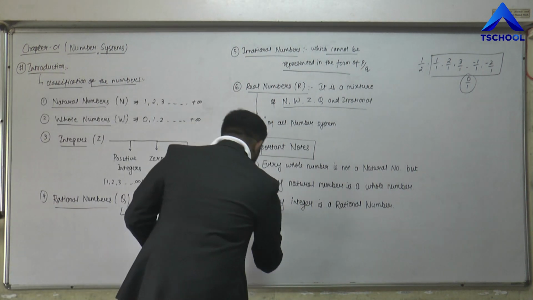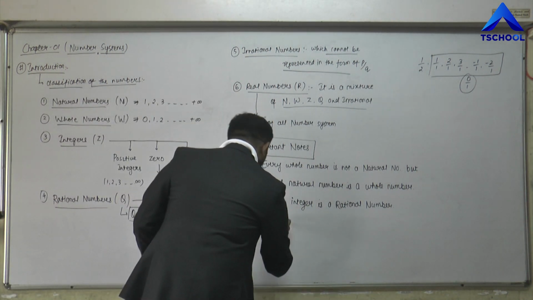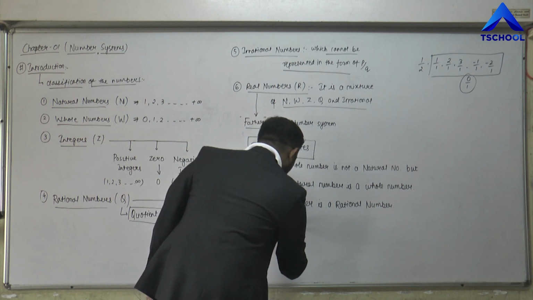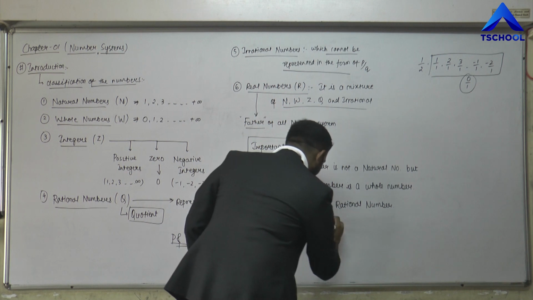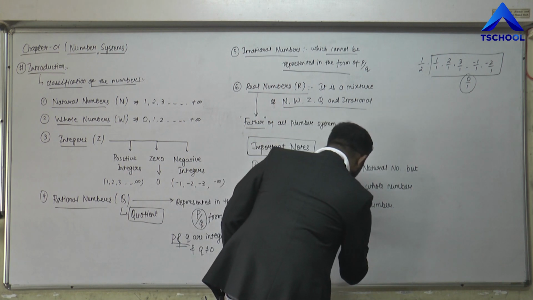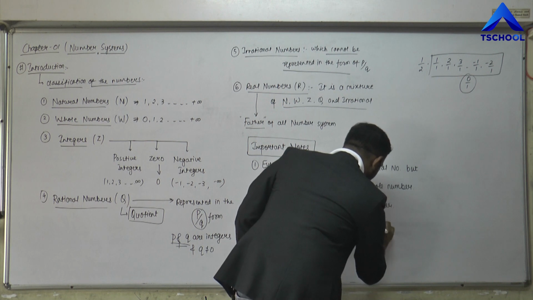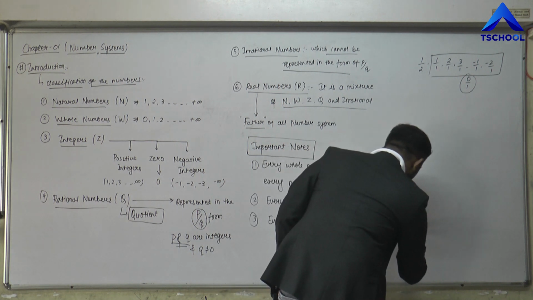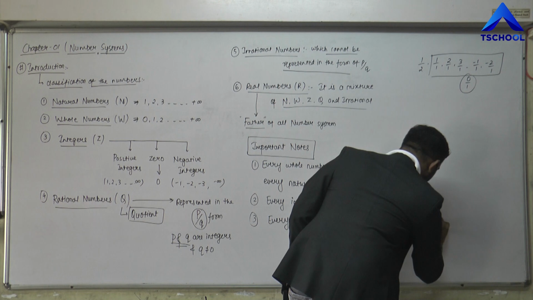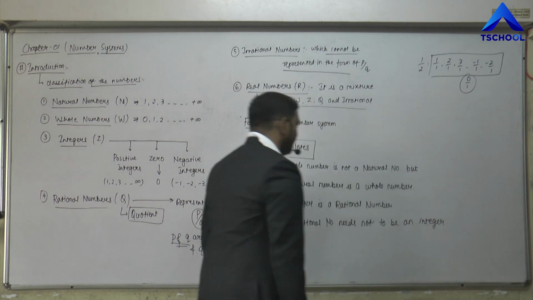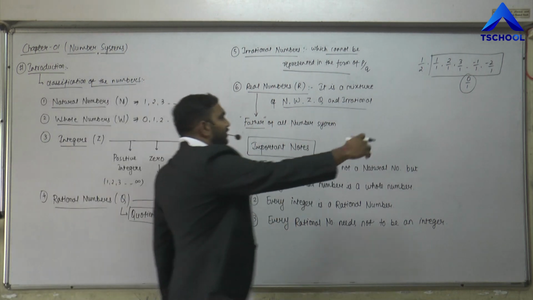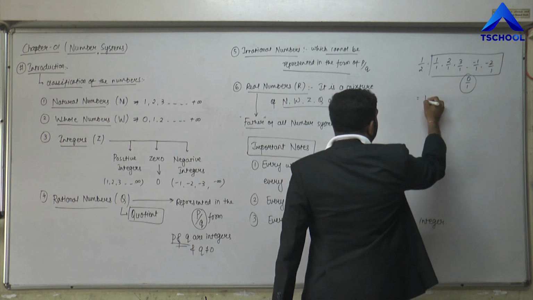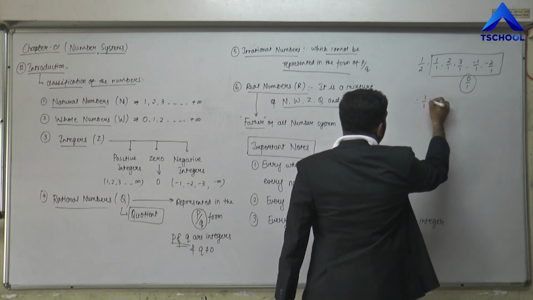Then the third thing goes like, as I said, every rational number needs not to be an integer, right? When the denominator of the rational number becomes 1, that means if I write 1 upon 1, that becomes 1.